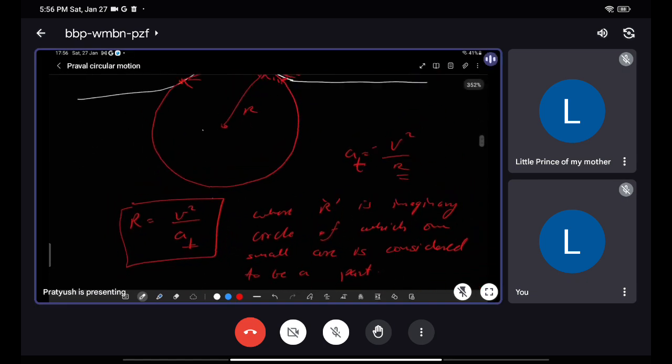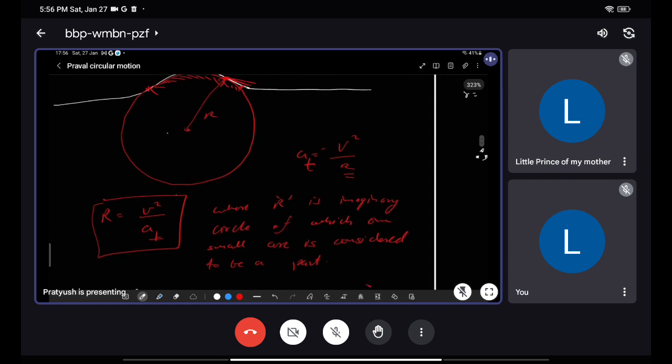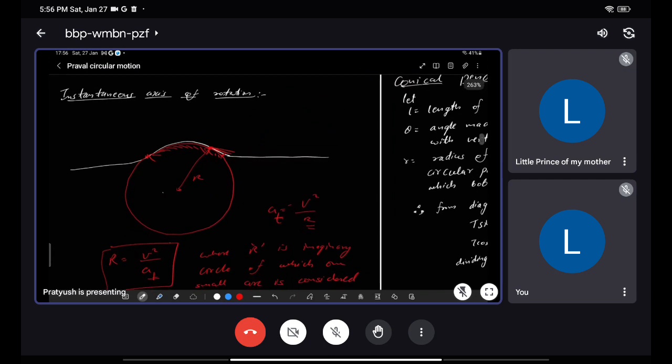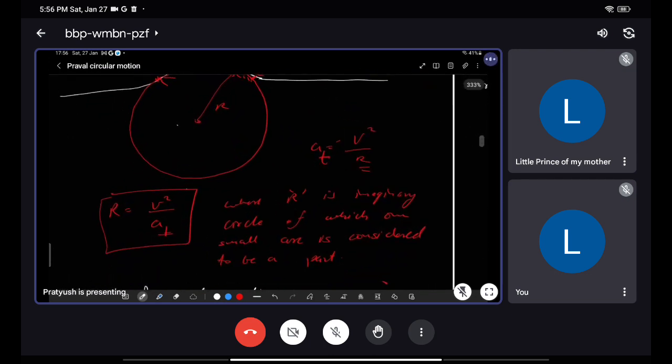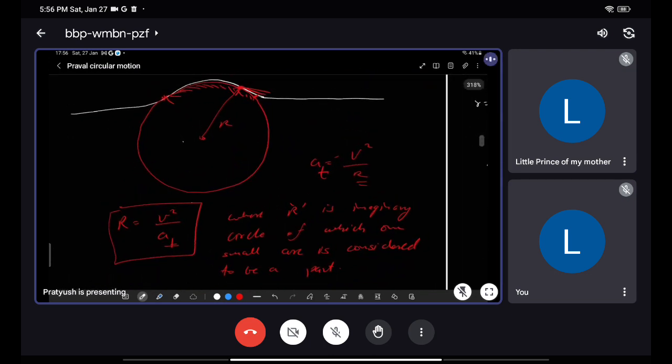So we know that in instantaneous axis of rotation, we are considering it a small part of a very large circle. Getting it?